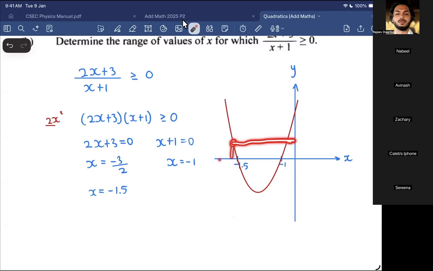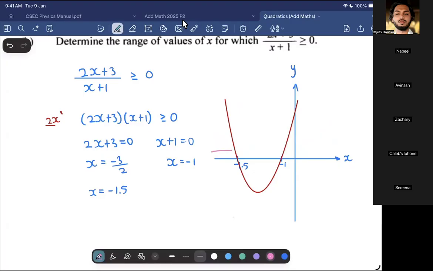Positive. What about if I go on this other side? It'll still be positive. So my answer would be what? If I'm shading in this direction, that'll be x is what?